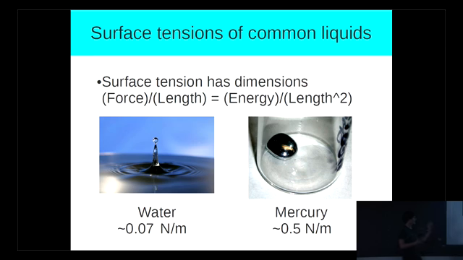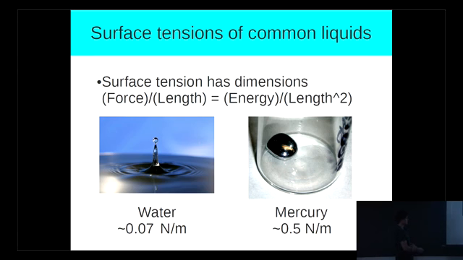If we place an object in water, there will be a contact line on the object, a one-dimensional line going around it, and at each point we'll get a force per unit length equal to the surface tension, and we can integrate around this to get the total force. Or we can think of it as the energy per unit area, and then if we integrate it around the whole surface, which is two-dimensional, we can get the surface energy.